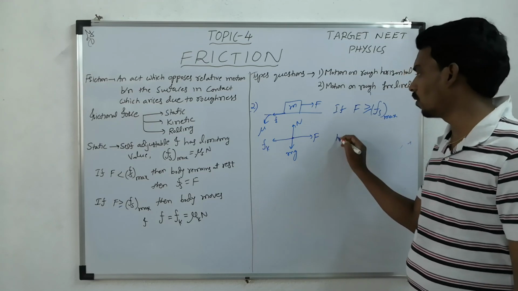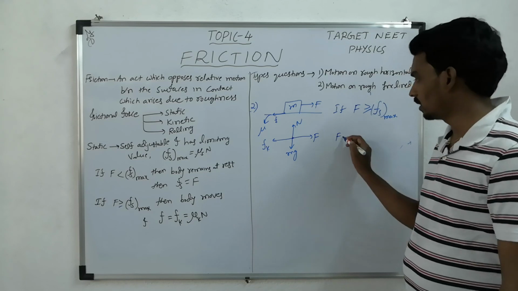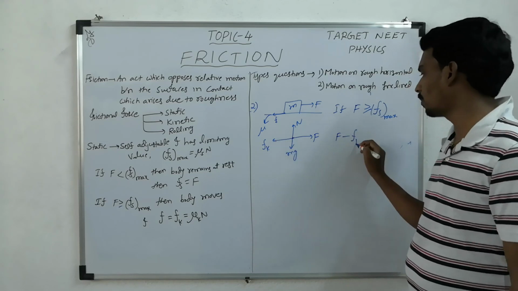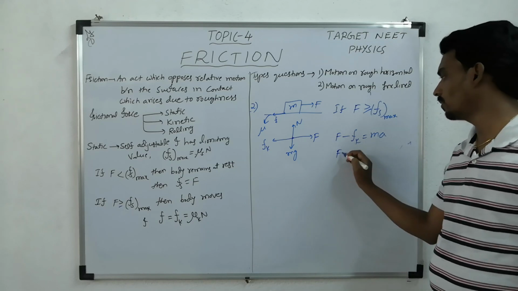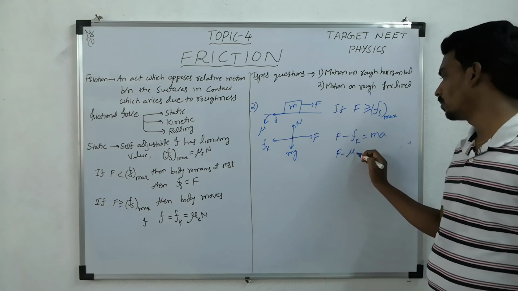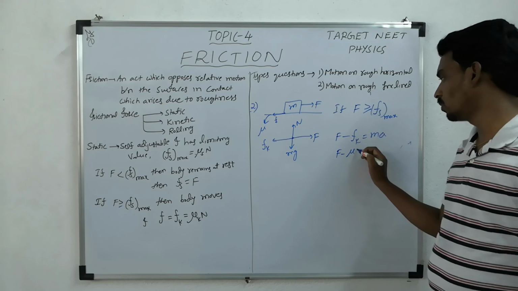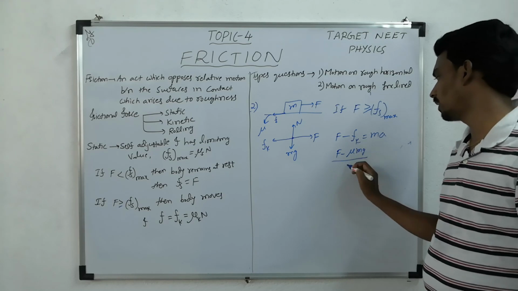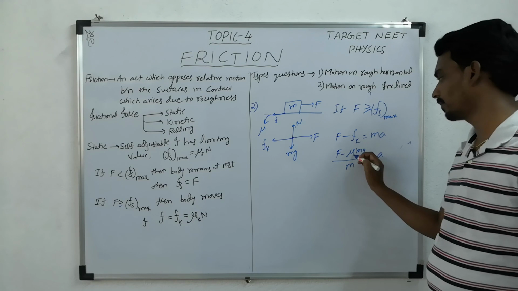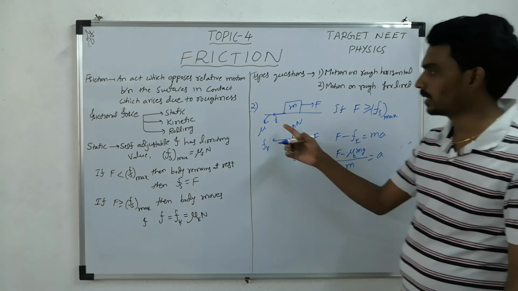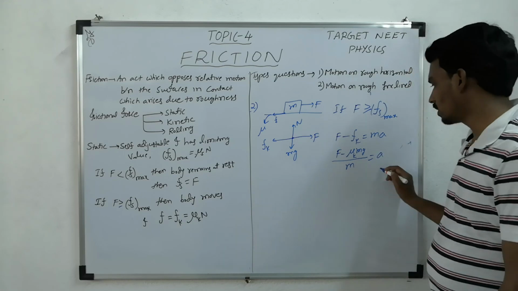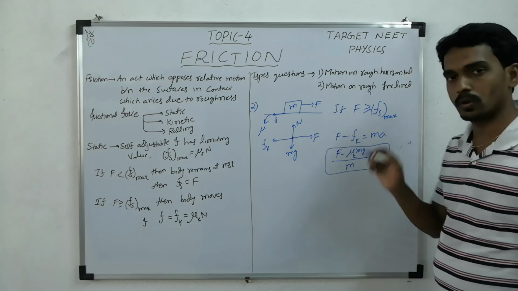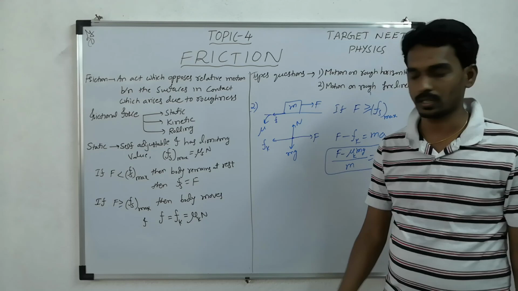The resultant force is the force in the direction minus the force in the opposite direction, equal to mass into acceleration. So F minus Fk, which is mu k mg, divided by m equals a. But here they did not mention mu k or mu s, so just take it as mu. So this is the acceleration, but only when this condition is satisfied.